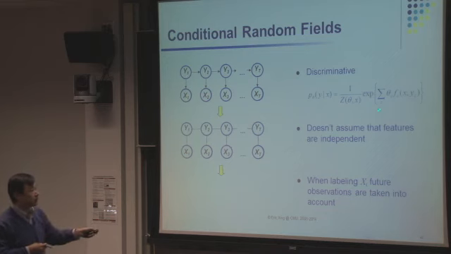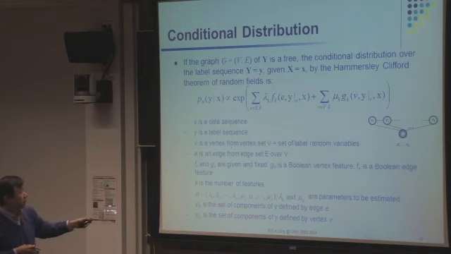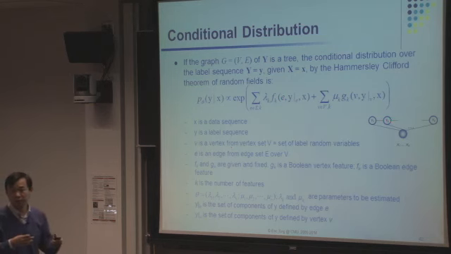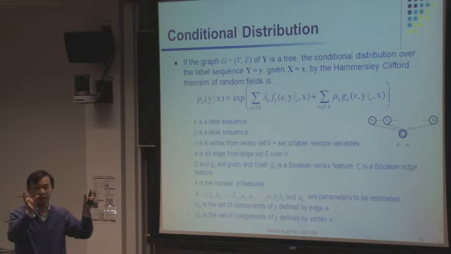And the way you do that is, again, to make use of a collection of potential functions. In this case, there are two sets of potential functions. One set of potential functions is those defined on the edges. Every edge here gets a potential function, which tells you how coupled a pair of states should be.